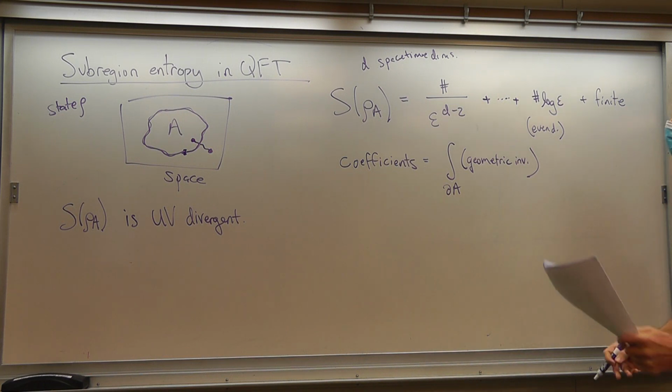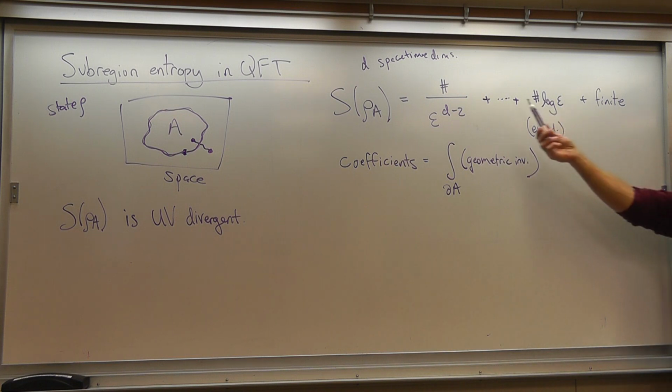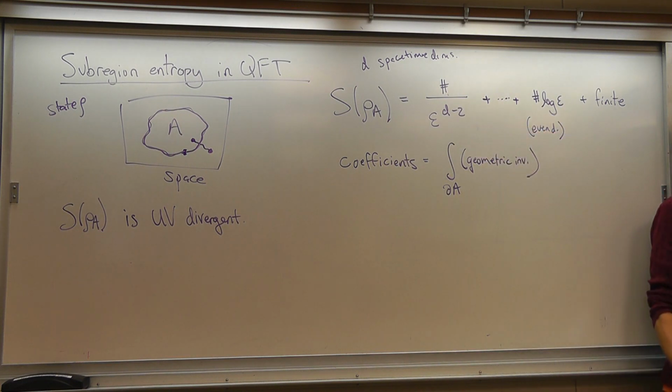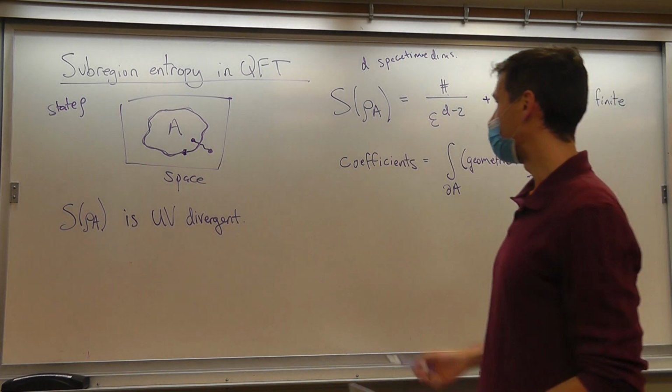So we have to be very careful when we talk about any kind of entanglement calculations that we do in quantum field theory, and when we go to apply all these inequalities that we talked about last time, we have to be very careful with these UV divergences. Okay, just because it's infinite doesn't mean it's zero, and it matters.